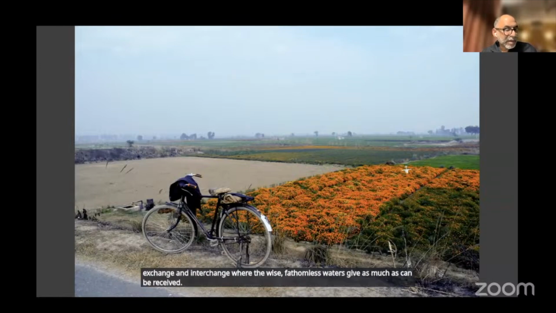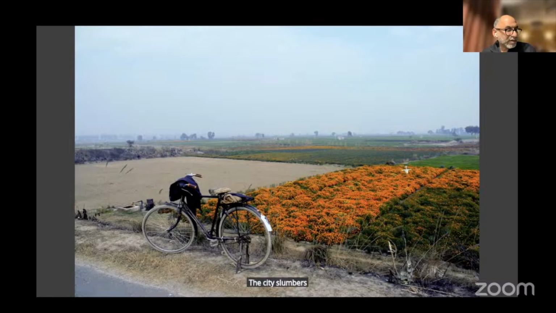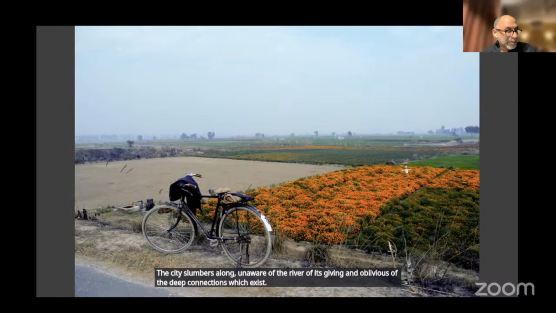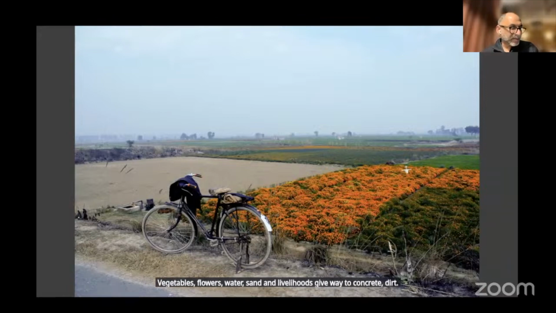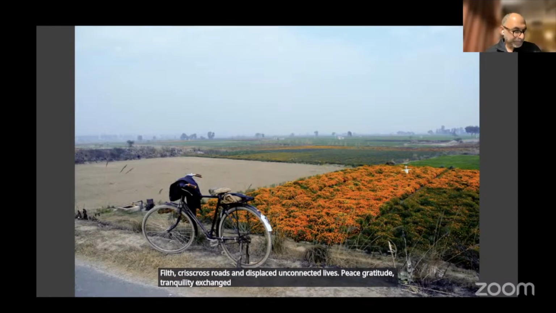The city slumbers along, unaware of the river, of its giving, and oblivious of the deep connections which exist. River flows on, passing through rural land into a densely urbanized Delhi. Vegetables, flowers, water, sand, and livelihoods give way to concrete, dirt, filth, crisscrossed roads, and displaced, unconnected lives. Peace, quietude, tranquility exchanged for fragments.